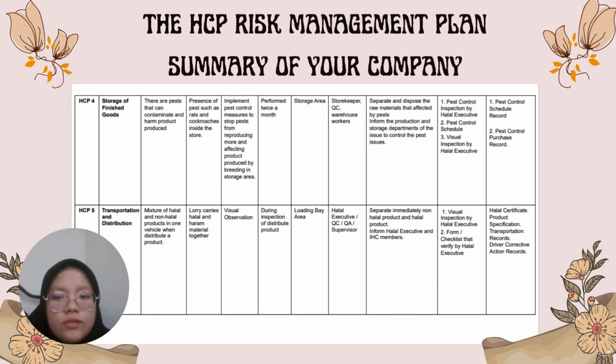And then the last halal control point is about transportation and distribution. When it comes to transportation and distribution, there may be a mixture of halal and non-halal products in one vehicle. When distributing a product, it is the same as receiving raw materials: it is all about the transportation used by the company or by the supplier.